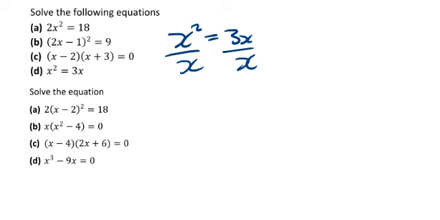Our goal is not to cancel x, but to make it the subject of the formula. So what you do, we want to make sure that they are like terms, in short. So what you do, you say x squared minus 3x equal to 0.